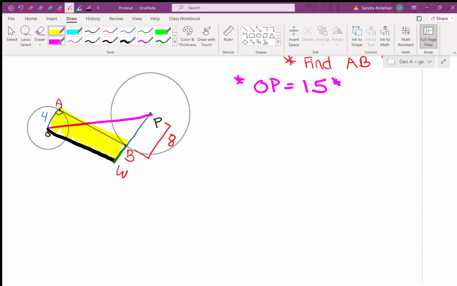So if AO is 4, BW is also 4. How long is PW then? 12. Now I need to use the right triangle. The right triangle I'm going to be using, I'm outlining now in green.